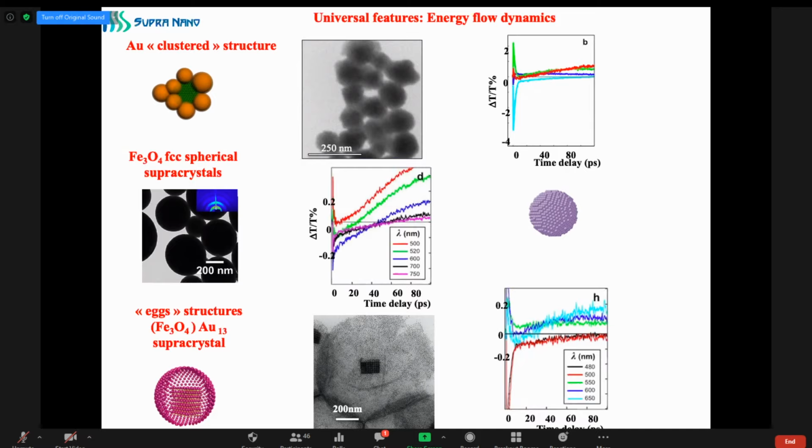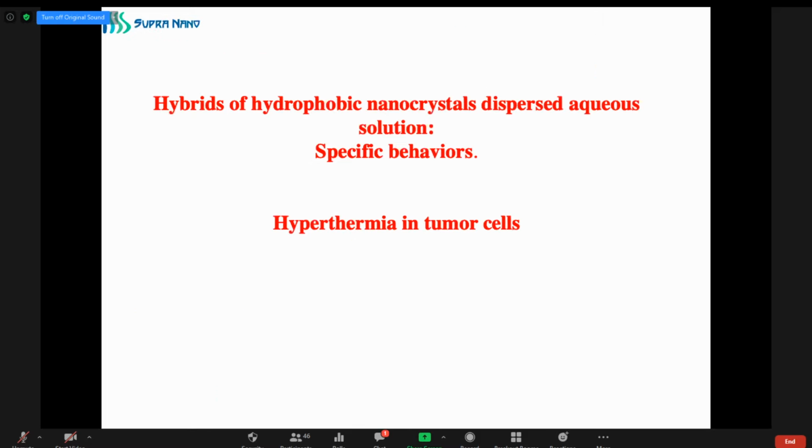I did not try yet, but that could be one of the purposes of this study. I think these systems are very rich and could really be developed in different areas. In our case, we look at the hyperthermia, and as I told you, this paper has been just accepted today.